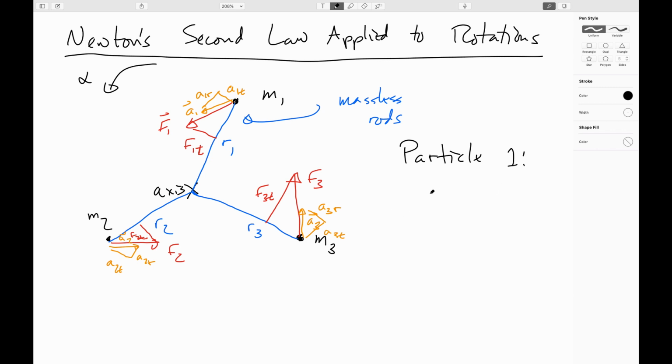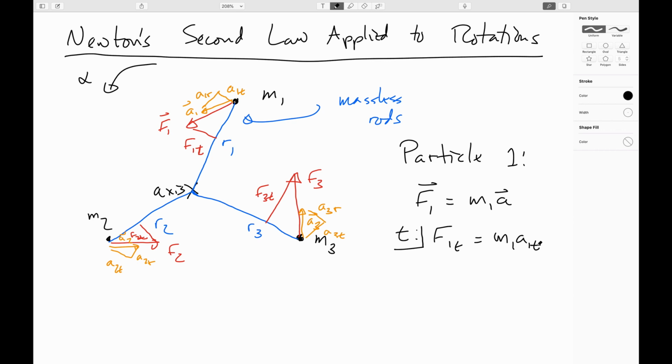If we look at particle 1, we can say that the force being applied on it is equal to m1 times a. And then we can take the tangential component of this and say that F1 tangential equals M1 A1 tangential.